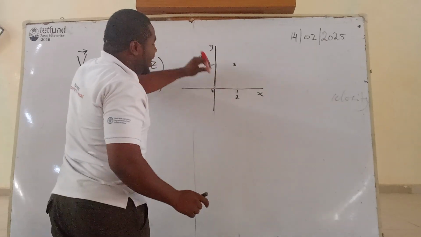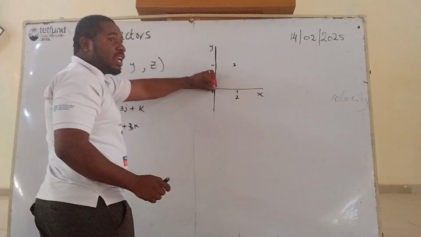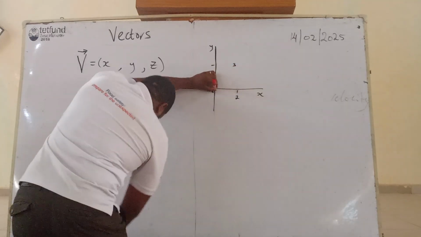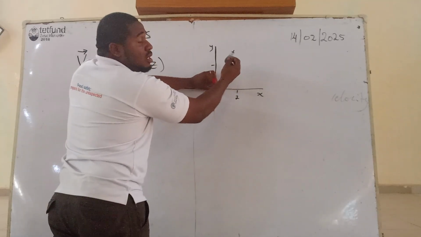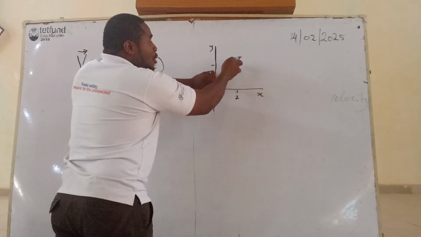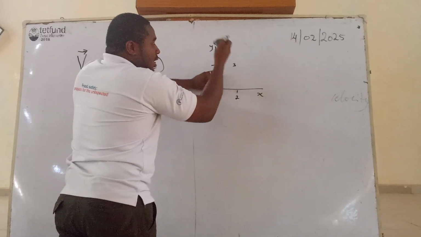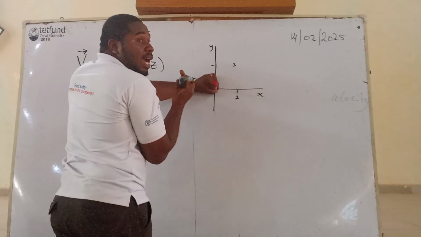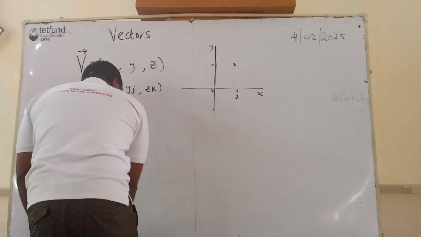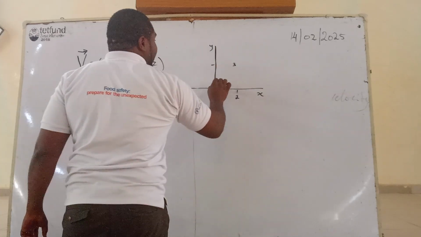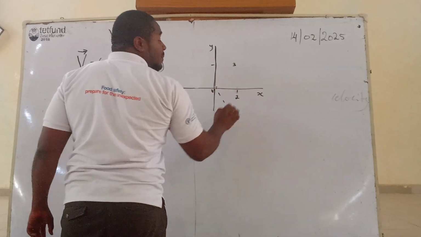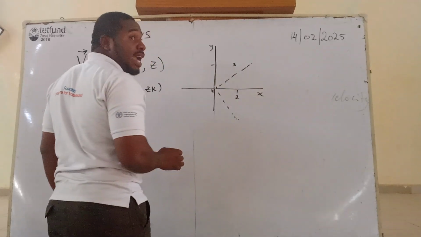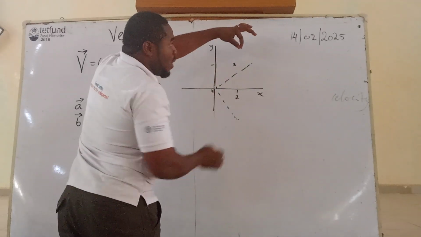But I'm considering this other direction, which is the z direction. So if I have a vector located somewhere here, I'm going to consider the x direction, the y direction, and also the z direction. Are we together? Fantastic. I can trace the z direction and the point is somewhere here.